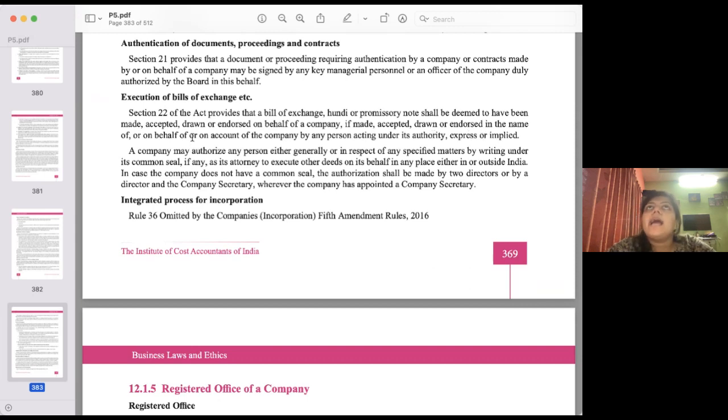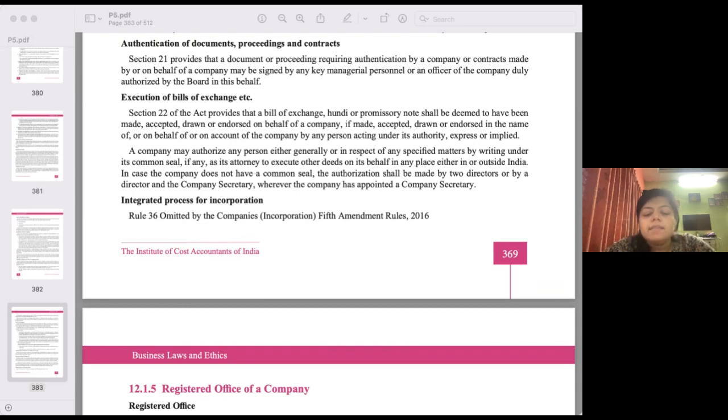So every single time a company writes a check, that particular check has to be endorsed or written by a particular person. What if it bounces? What are the things that you have to prove?